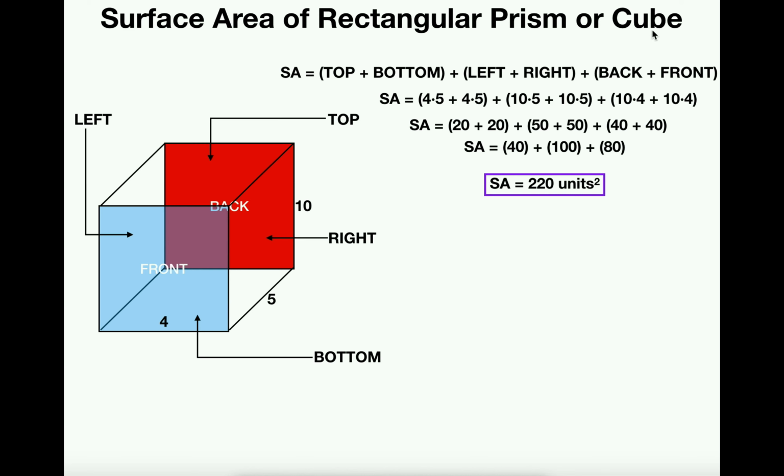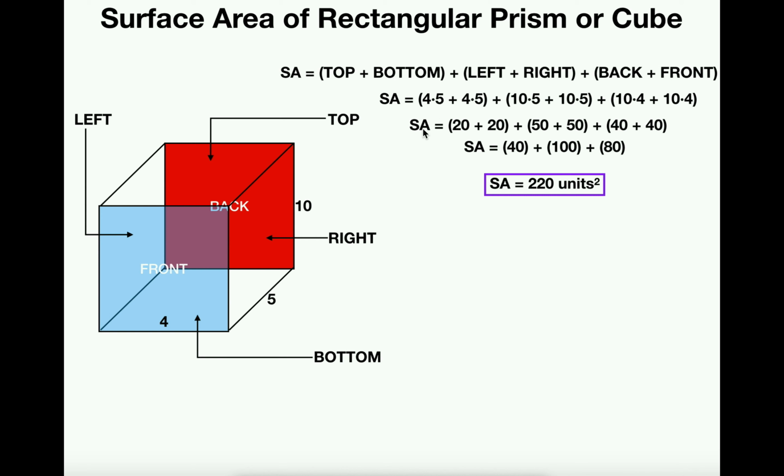And then I have the back and the front. Now let's look at the back here. It has a height of 10, and technically this right down here, where my mouse is, that's going to be the same as this, so it's 4 times 10. Or 10 times 4, and then the front is going to be identical. 4 times a height of 10, so 4 times 10.